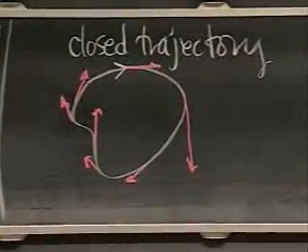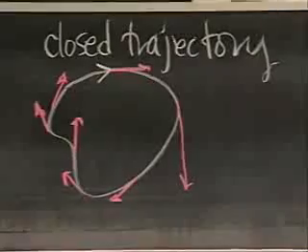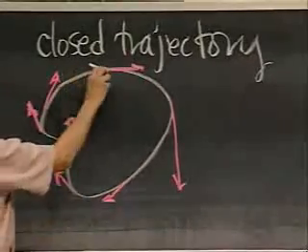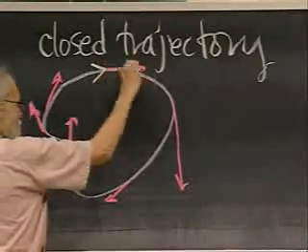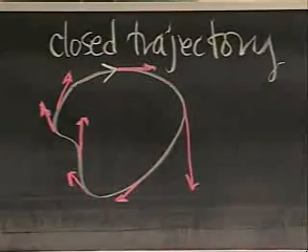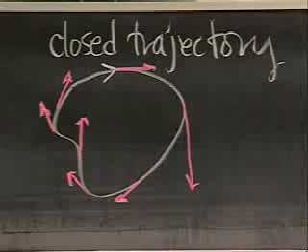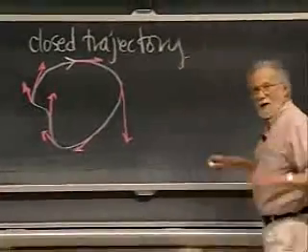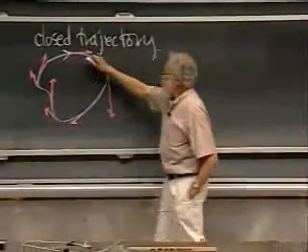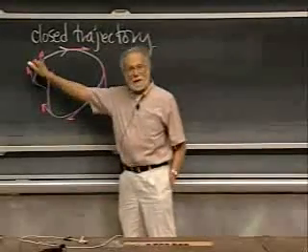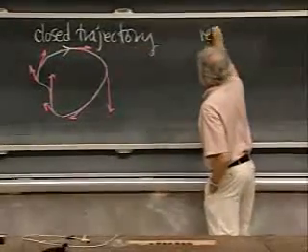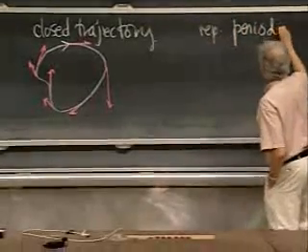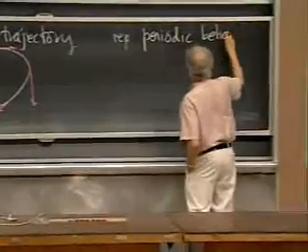Now, for such a trajectory, what's happening? Well, it goes around in finite time and then repeats itself. It just goes round and round forever if you land on that trajectory. So it represents a system which returns to its original state periodically. It represents periodic behavior of the system.